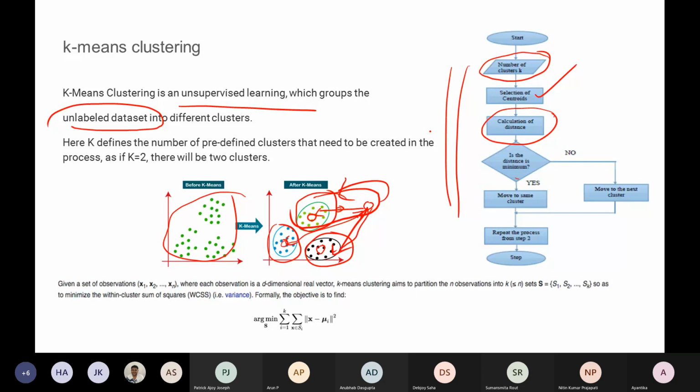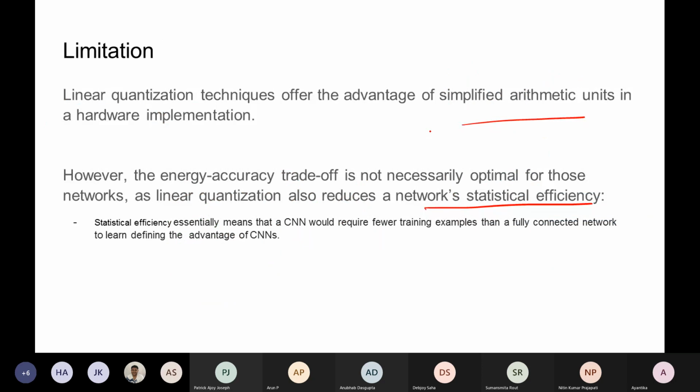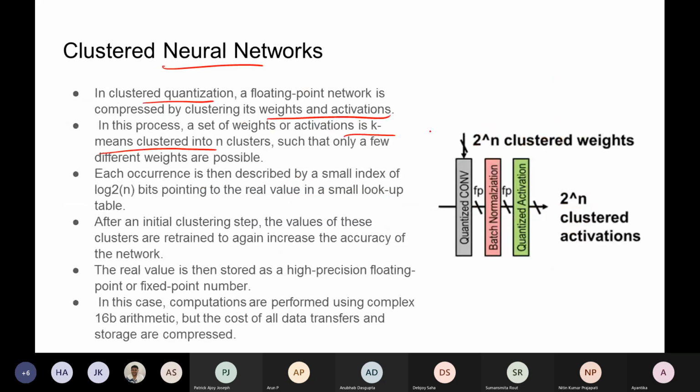If we could do that quantization in training or testing, there the limitation, as we have mentioned here, is that we are losing in terms of networks some statistical efficiency. So for that, we are keeping our input activation, inputs, output intact, but this is effective up to a certain level.